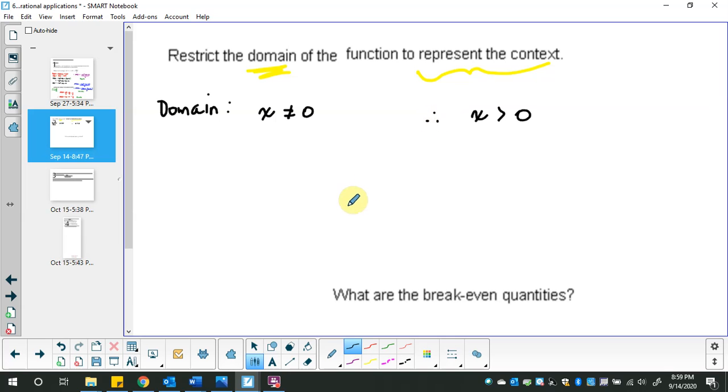This is one of the possible therefore statements for restricting the domain of the function to represent the context, because x is the number of items being produced. Another way to write this, just to remind you of its existence, is that we want a number of items all the way from 0 to infinity. We don't want to include 0 items because that is bad business, and you never include infinity. So that's another way to write it.